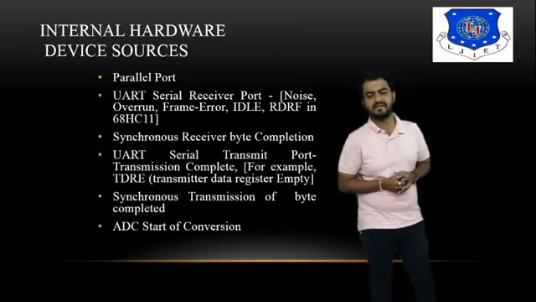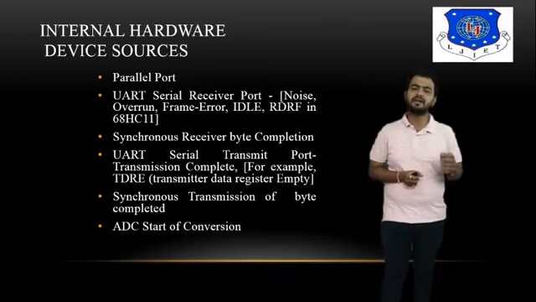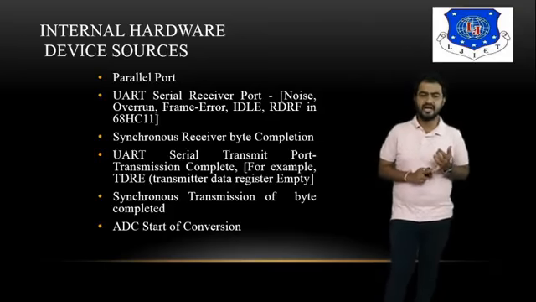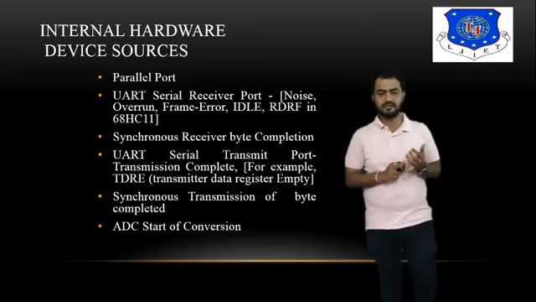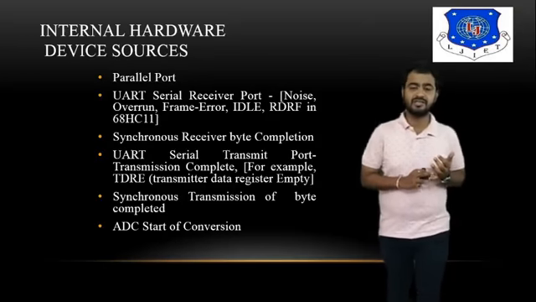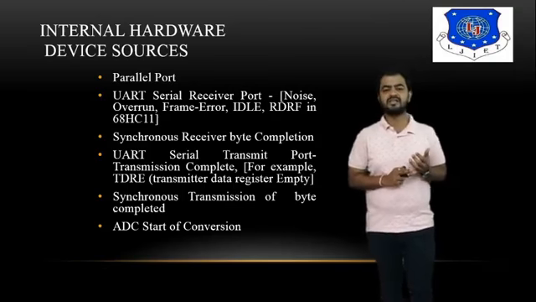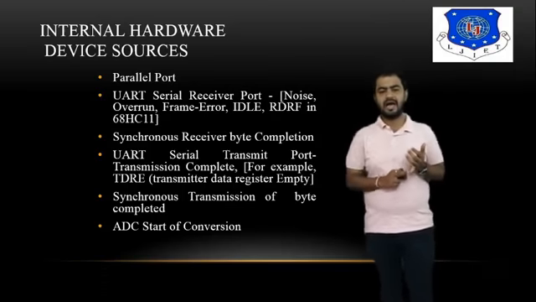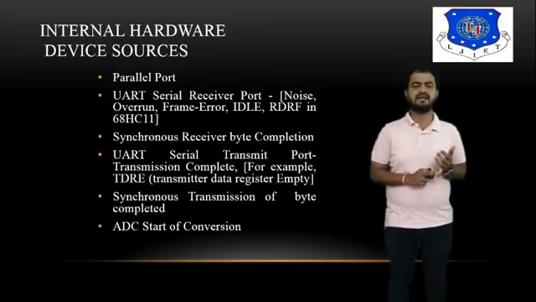Internal hardware device sources: we are talking about the parallel port, USART, the universal synchronous asynchronous receiver and transmitter, serial receiver port, noise, framing error, idle, RDRF, and 6, 8, 11.